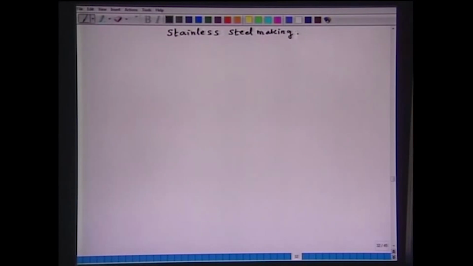Now, some of the manifestations of stainless steel: stainless steel, denoted by SS, contains 10 to 30% chromium. Minimum 10% chromium is needed to maintain corrosion resistance.